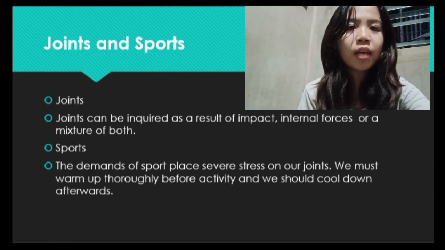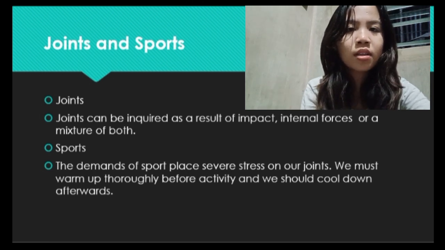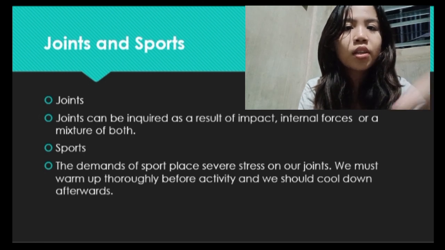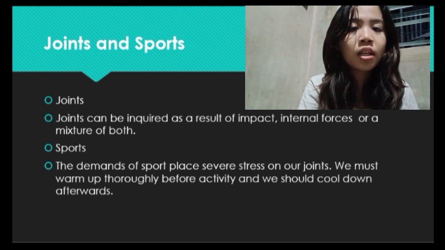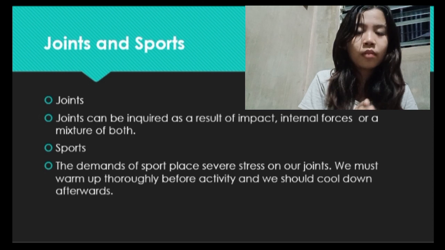Joints. Joints can be acquired as a result of impact, internal forces, or a mixture of both. Joints, in the context you mentioned, refer to the connections between two or more components or parts of a structure. They can be formed as a result of external forces, internal forces, or a combination of both.